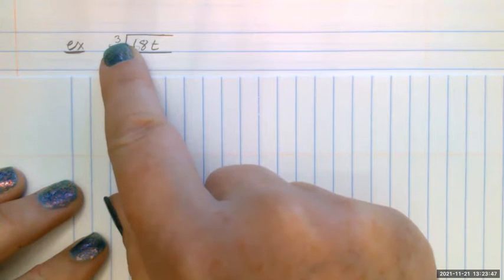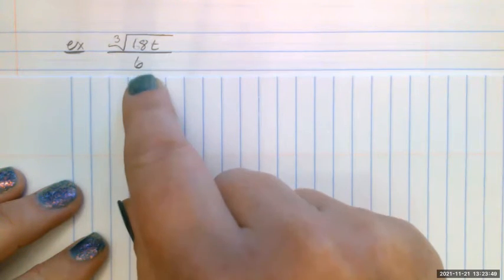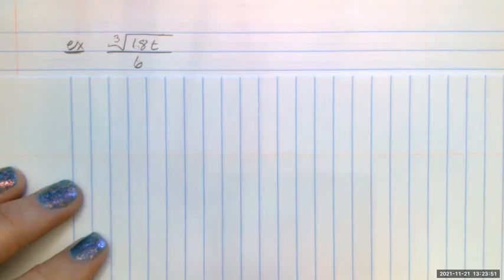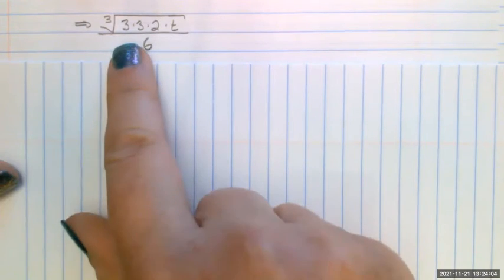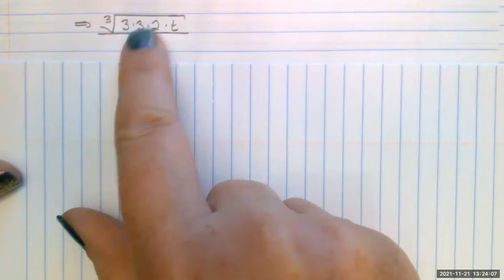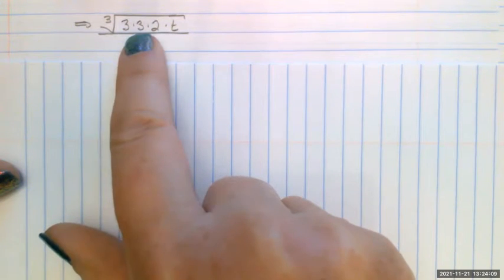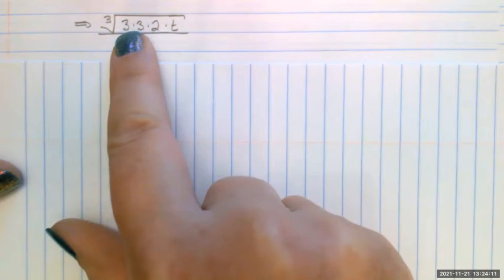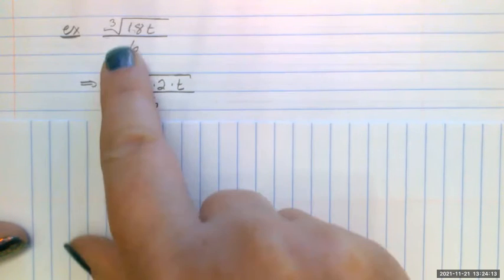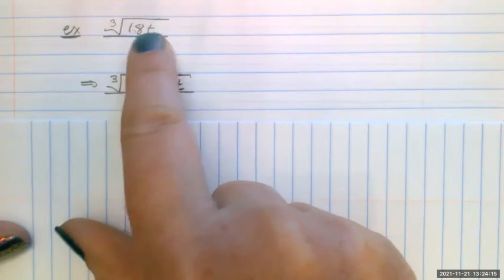I have the cube root of 18t over 6. Let's see what's going on here. 18 is a big number and can be broken down. I'm looking to see what I have here. I don't want to multiply by another 18t and another 18t.